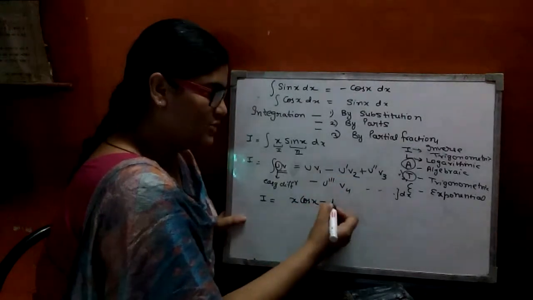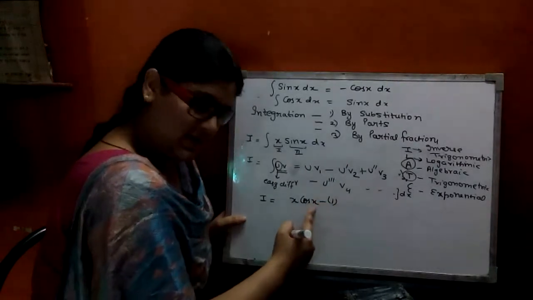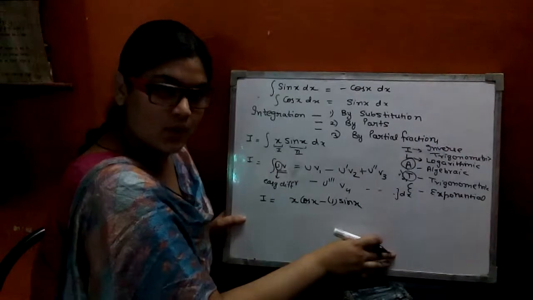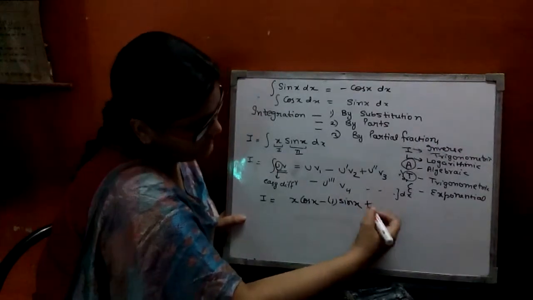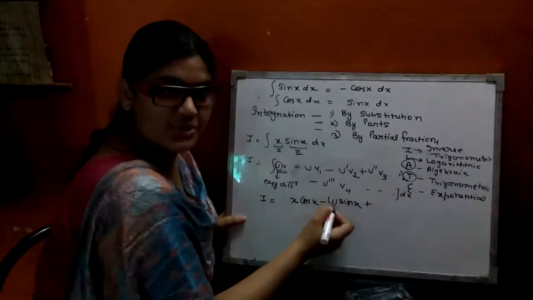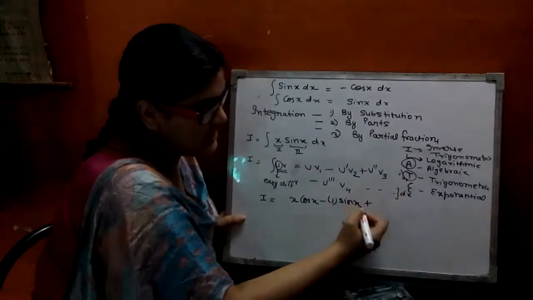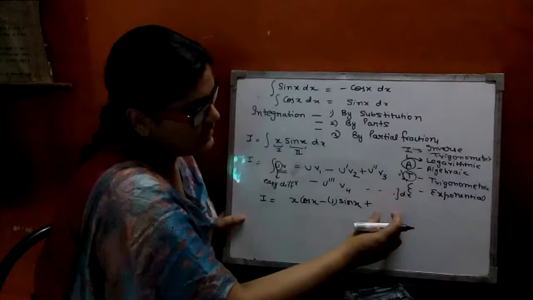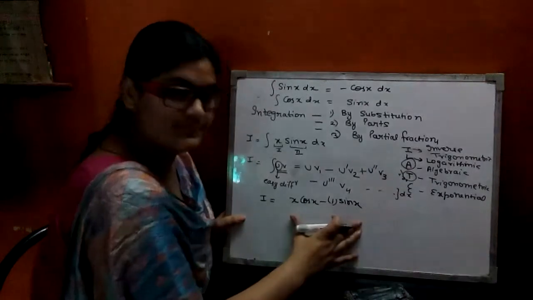So x, differentiation of x is 1 and integration of cos is sine. Then if you keep moving, differentiation of 1 is 0 and integration of sine is minus cos x, but 0 multiplied with any number gives 0, so the answer is this.